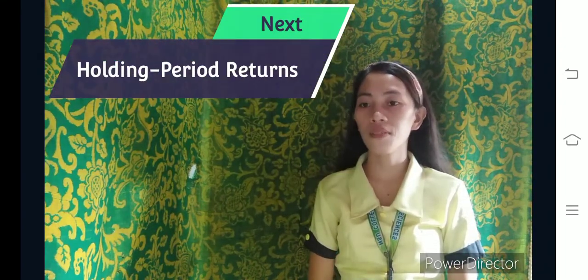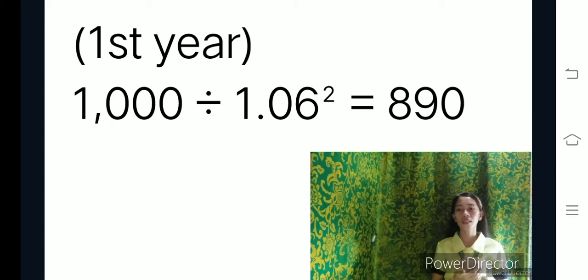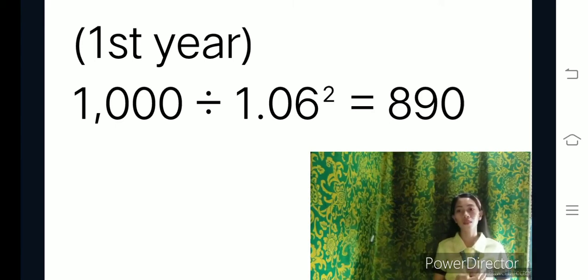Next, holding period returns. Suppose that you bought a 2-year bond and held it for 1 year. It will be written like this: 1,000 divided by 1.06 raised to the power of 2. It's because it matures in 2 years. Why is it 1.06?